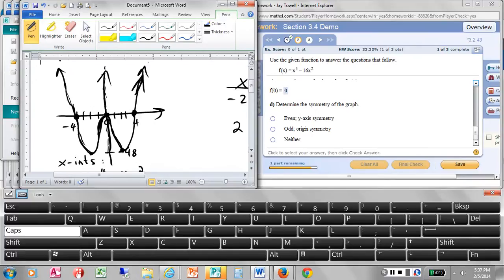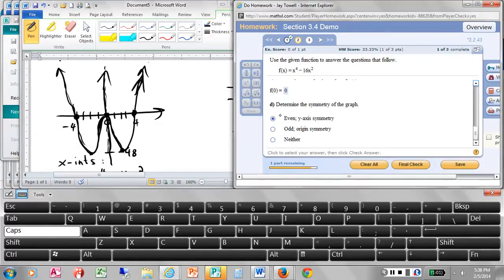I've got the same on either side. One intercept's at -4, one's at +4. I've got -2, -48, and +2, -48. These two are mirror images of each other on either side of the y-axis. So in this case that's going to be y-axis symmetry.